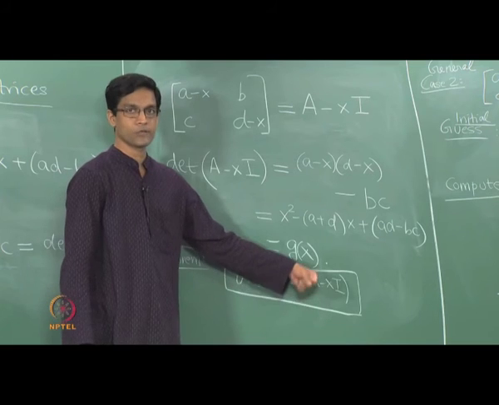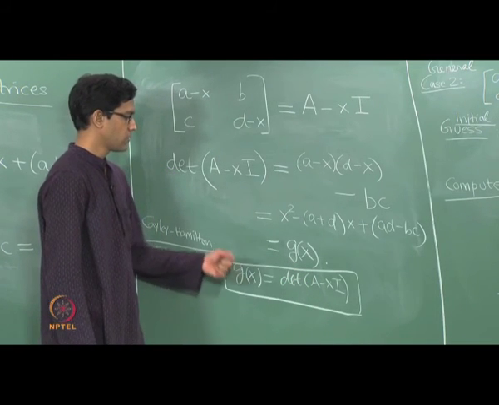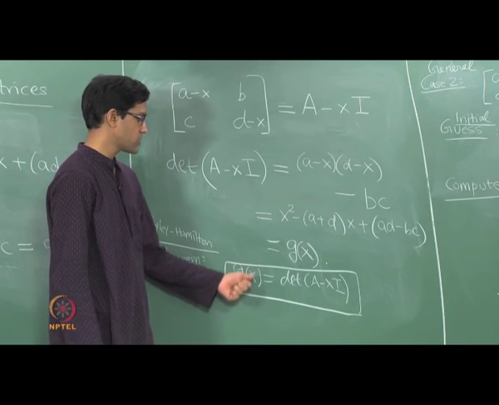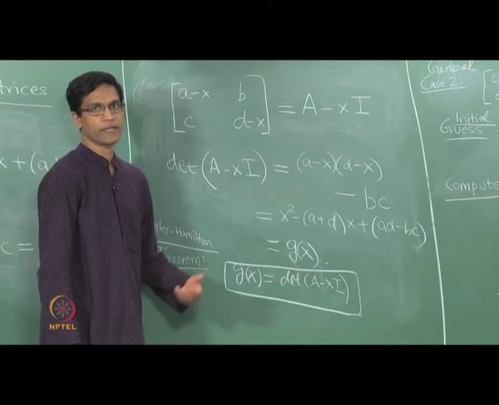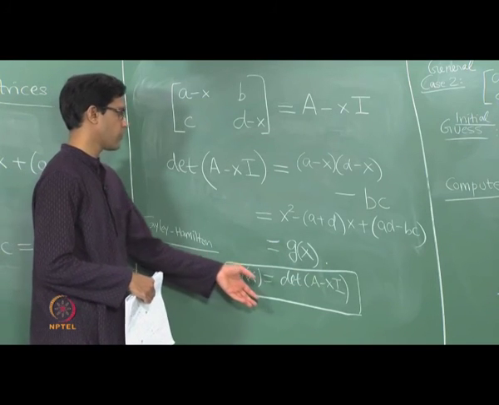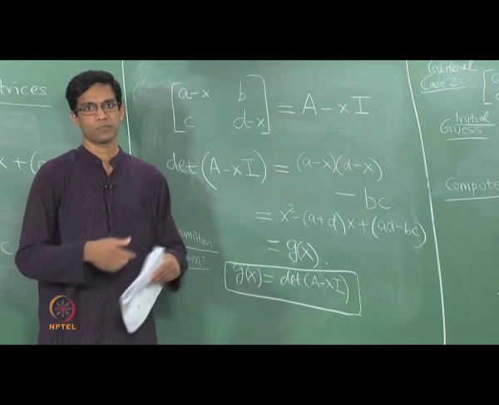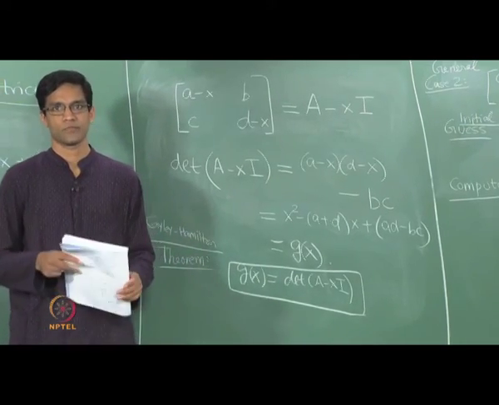The polynomial in x that you so obtain will have the property that when you apply that polynomial to the matrix A, it will kill the matrix, it will make the matrix 0. And we have just seen the 2 cross 2 proof of the Cayley-Hamilton theorem, if you wish. So this is pretty much all we had to say about matrices.